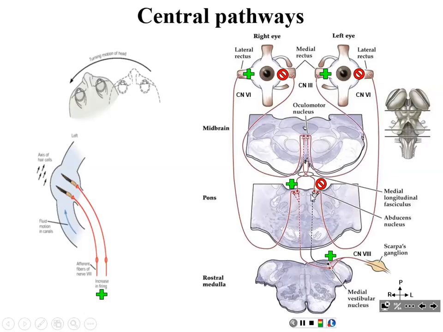And it follows exactly the same path, but now there's an inhibition, which ends in an inhibition of the medial rectus on the right and the lateral rectus of the left. All of this, basically, to turn your head and keep your eyes in the same position by contracting the muscles on the right and relaxing the muscles on the left. Okay?